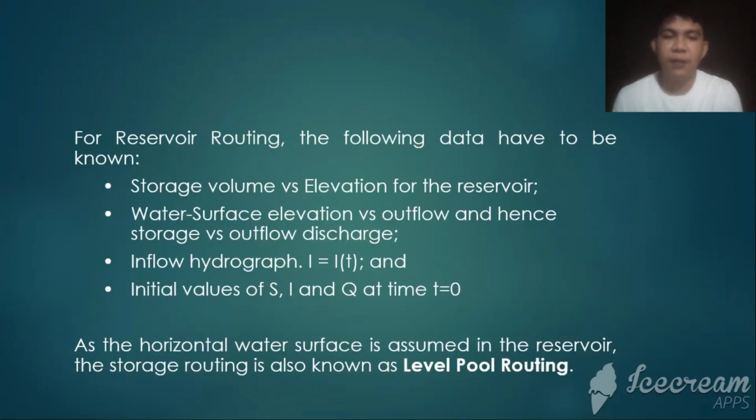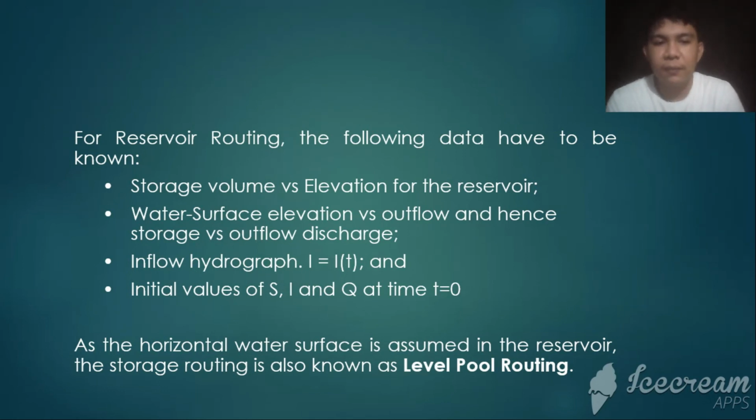So for reservoir routing, the following datas have to be known. So first is the storage volume versus elevation for the reservoir. Second is water surface elevation versus outflow, and hence storage versus outflow discharge. So sa graph na siya makuha tanan.